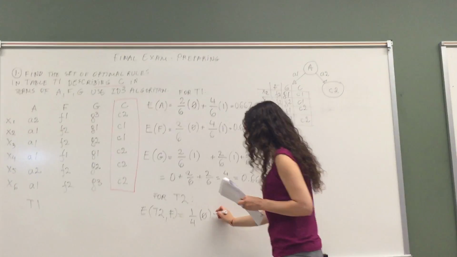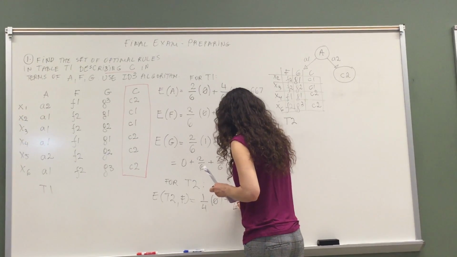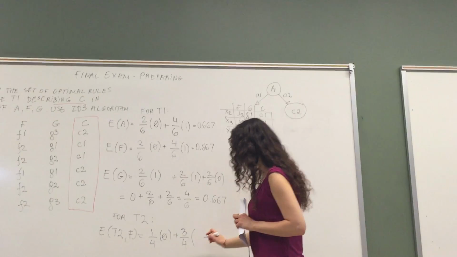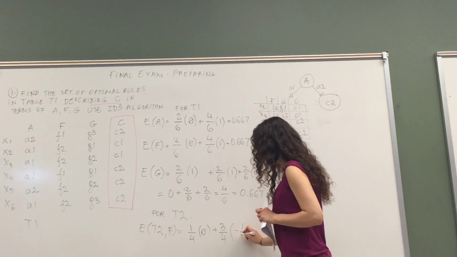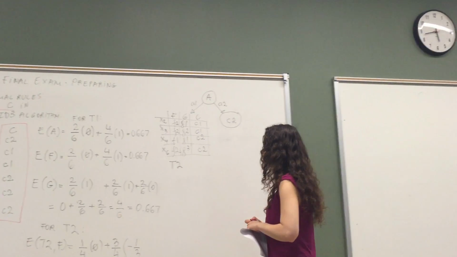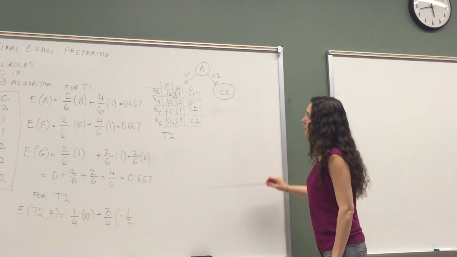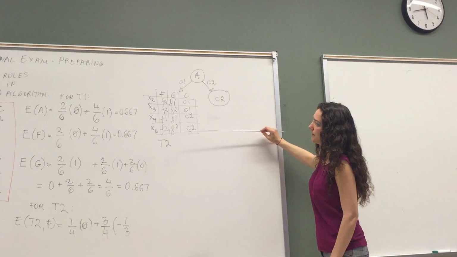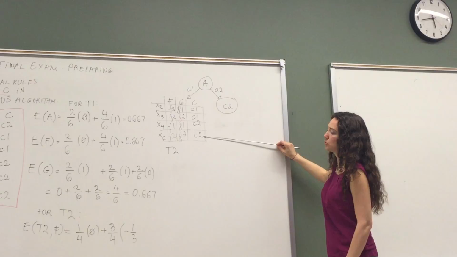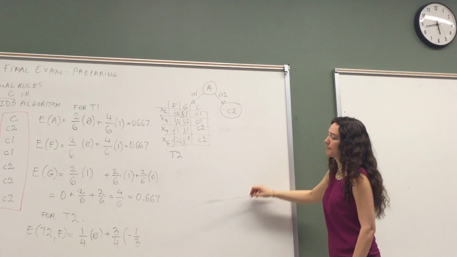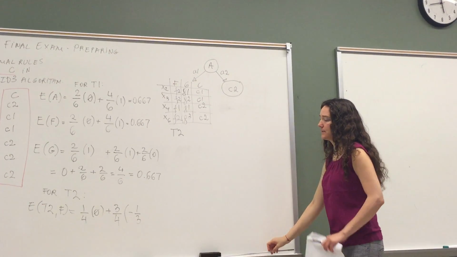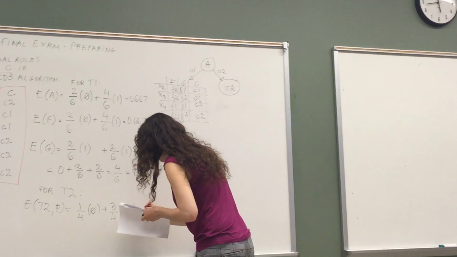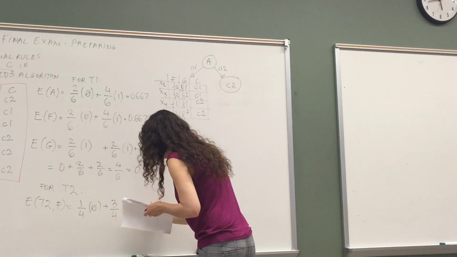The rest of the objects, 3 out of 4. Out of the 3, one has value C equal to 2. So one of the 3 has C equal to 2, so it's going to be minus 1/3 log 1/3.